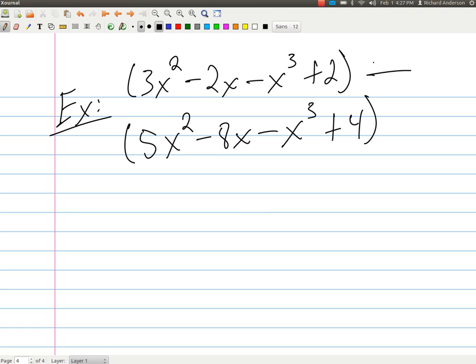The issue is right here with this minus sign. Whenever I have a minus and then an open parentheses right here, I have to be careful with my signs. Really what's happening is I've got 3x squared minus 5x squared. So I can either keep track of the fact that I'm going to have to change all of these signs inside, or what I find is successful for a lot of students is to go ahead and make this minus sign a plus.